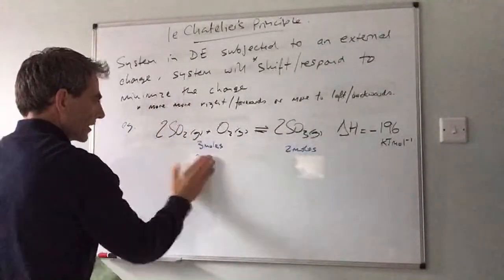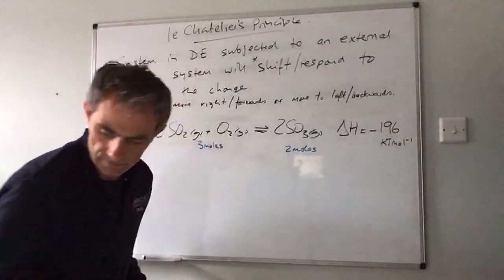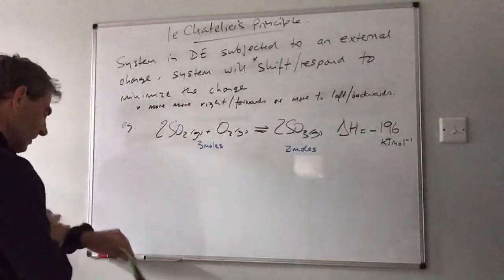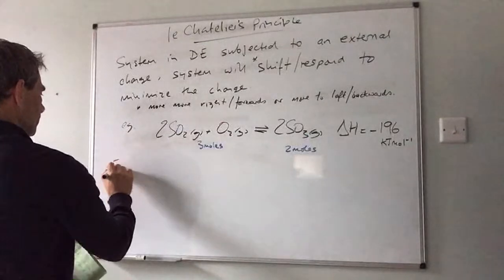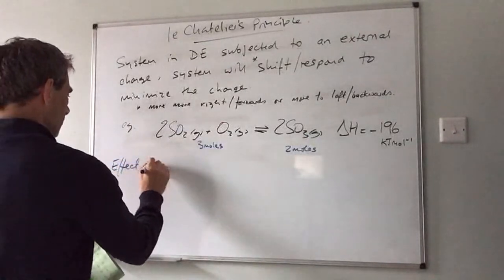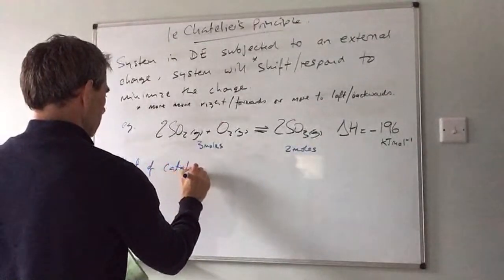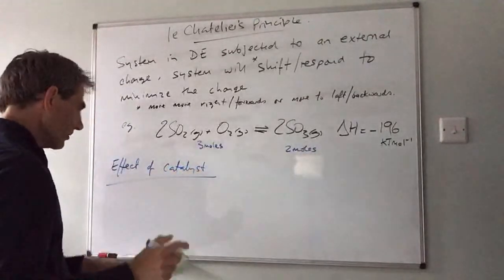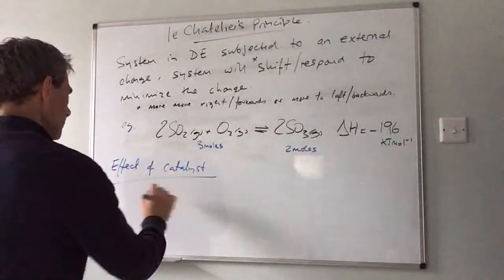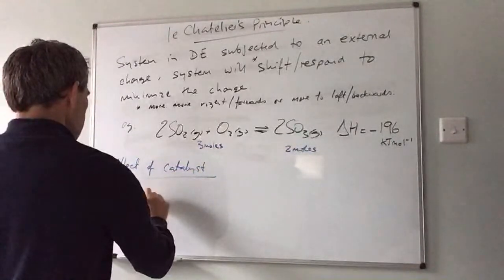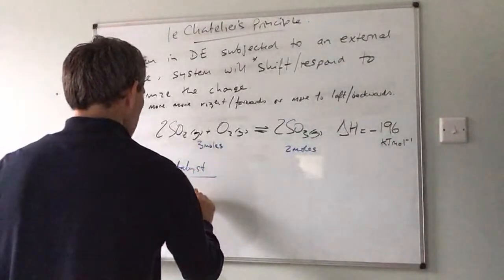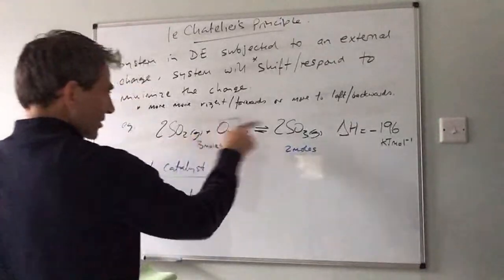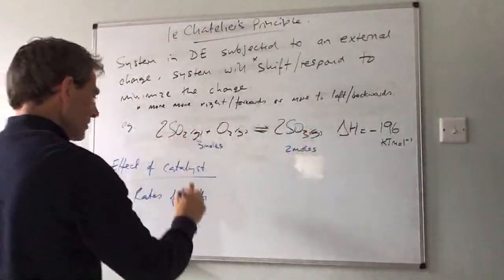So the final thing is the effect of a catalyst. So the thing we need to say is the rates of both reactions. Remember, we've got 2 reactions. We've got a forward reaction and a reverse reaction.